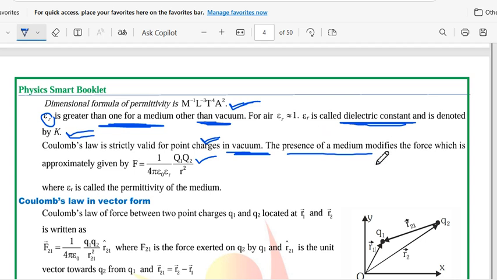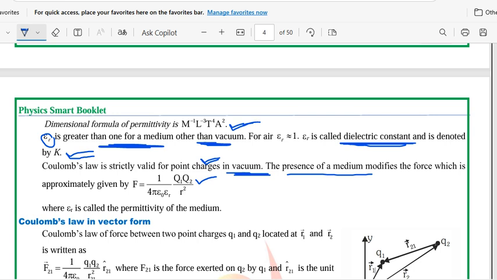if you consider the medium, not free space, the force is given by 1 by 4 pi epsilon naught into epsilon r, q1 into q2 divided by r square.